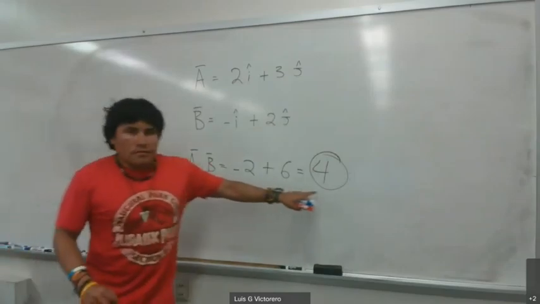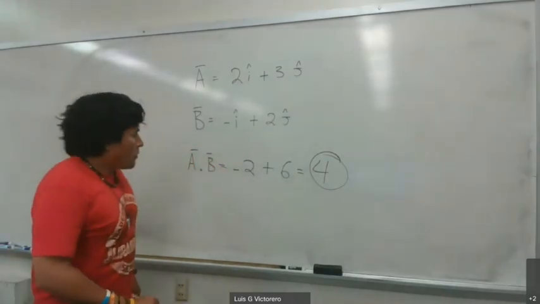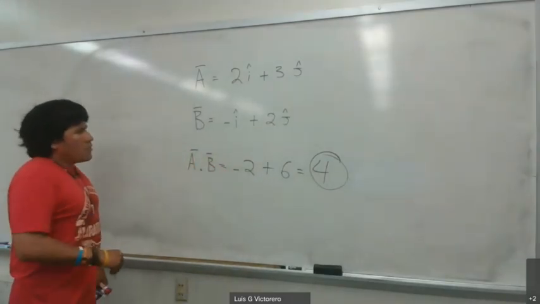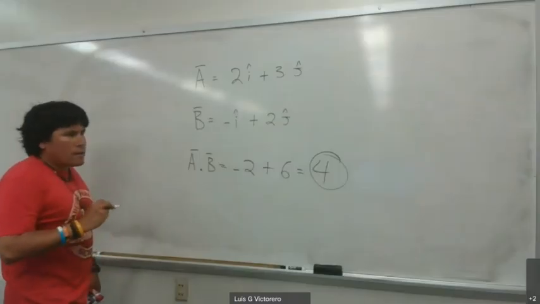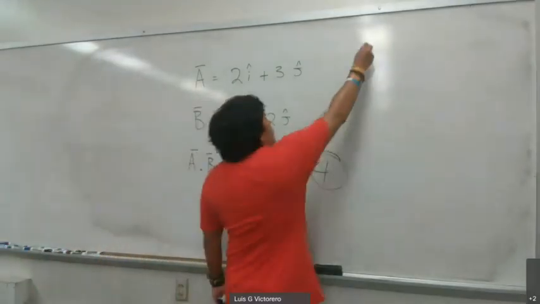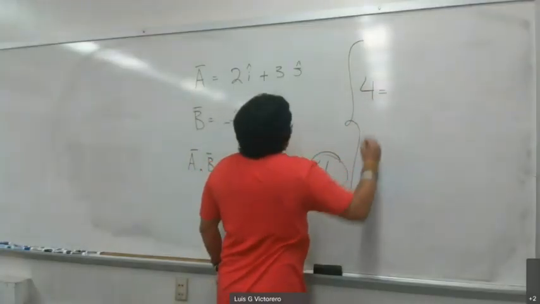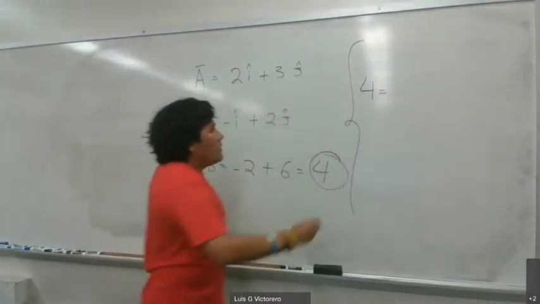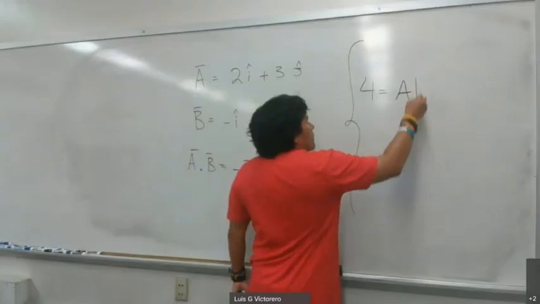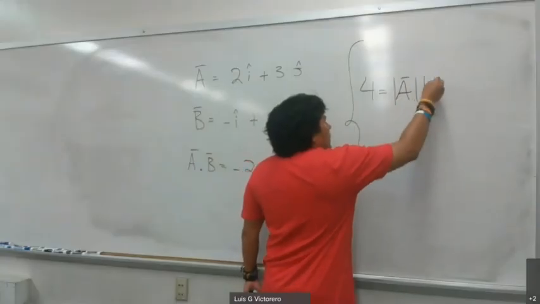The dot product is 4, and you can do a lot of things, right? For example, we can find the angle between the vectors, the magnitude of A, the magnitude of B.